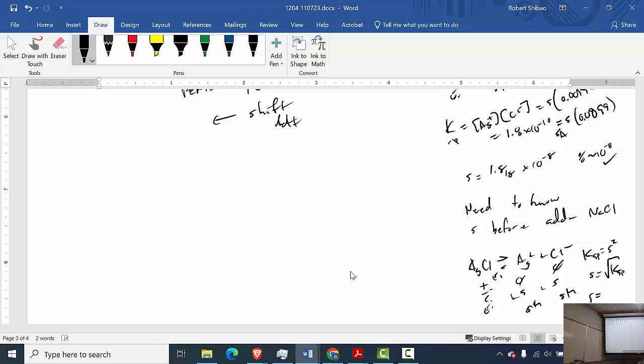And so S is equal to the square root of 1.8 times 10 to the minus 10. And that gives us the solubility 0.0000 1341.